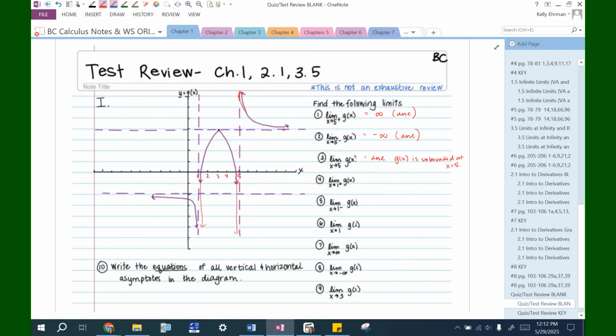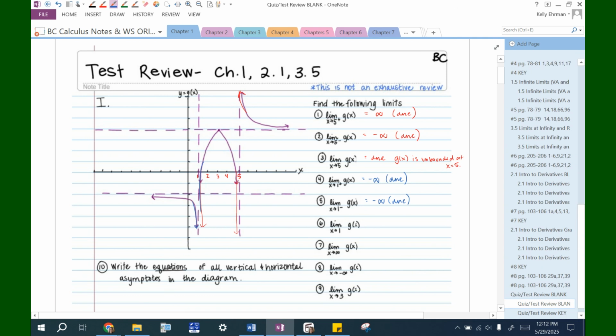All right, now we want the limit as x approaches 1 from the right, so negative infinity. Again, that limit does not exist. We're just telling you which direction it's headed. The limit as x approaches 1 from the left, also negative infinity, does not exist.